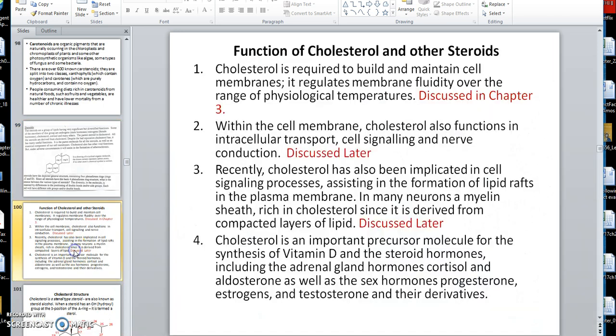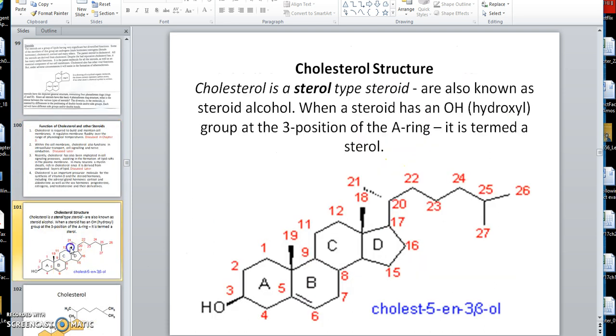Okay. Now, under one type of steroids is cholesterol, which we'll discuss later in chapter 3. Here again is cholesterol. Cholesterol is a sterol. It is a steroid, but sterols are subsumed under steroids.